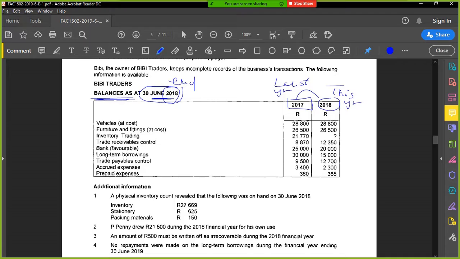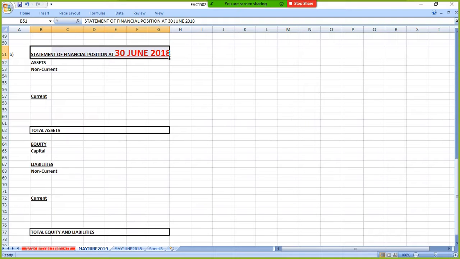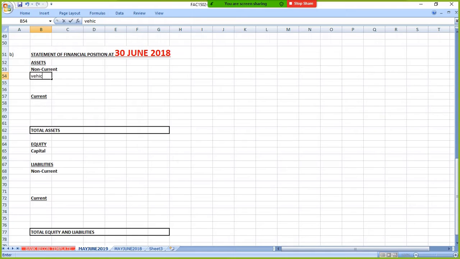Is vehicle an asset? Yes. Which one? Non-current. Good. 2018 is the year I'm looking at, so I'm looking at that column. Don't worry about 2017, you don't need it unless you need it to calculate something. Okay, but you've got the answers here. Vehicles at cost, 28,800. Where does vehicles go? Non-current or current? Non-current. Good.